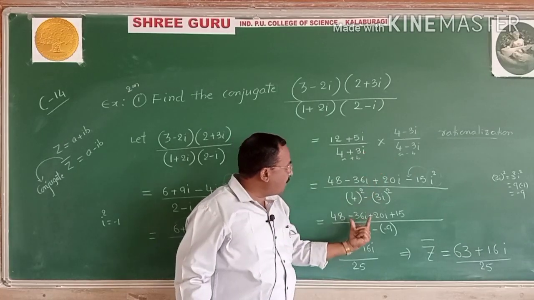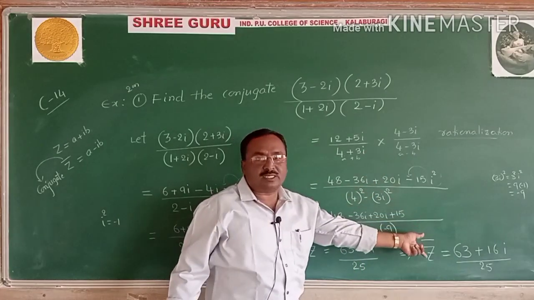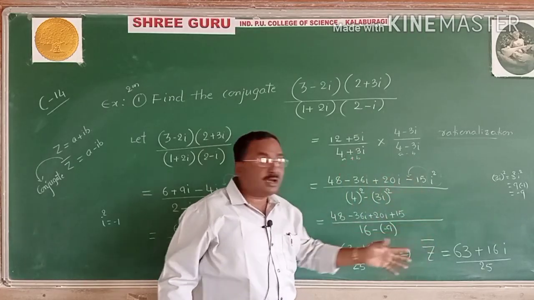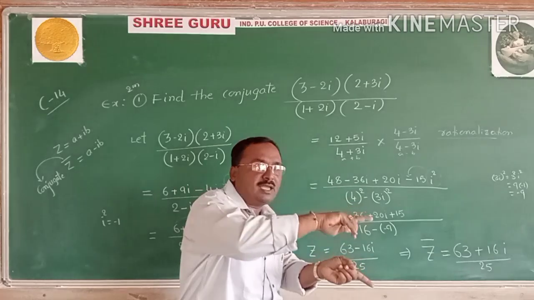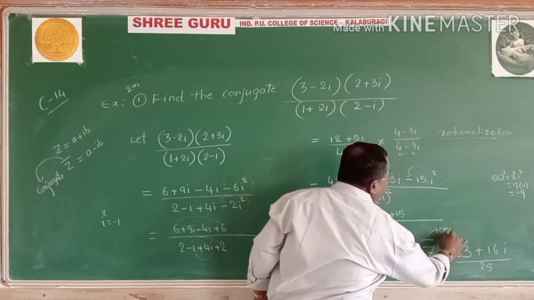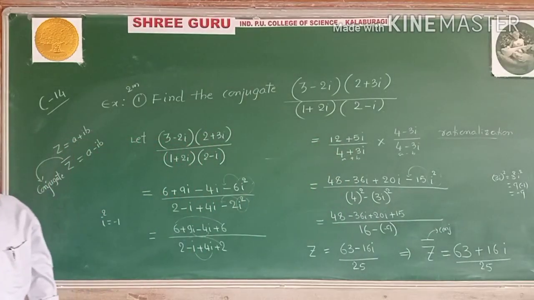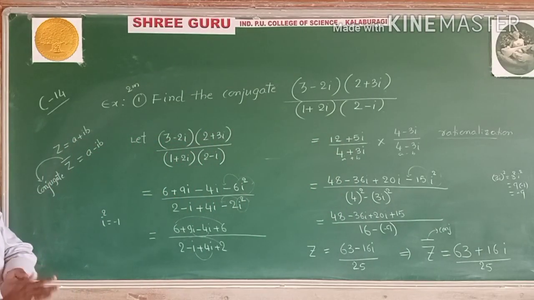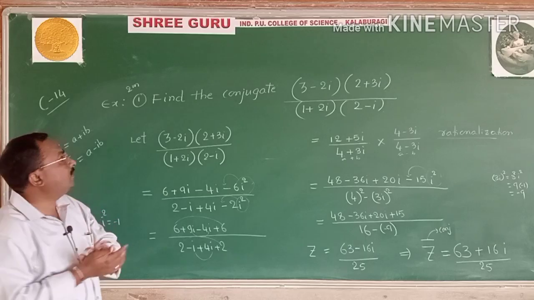Applying the conjugate means real part as it is, change the sign of the imaginary part. This is the conjugate symbol. That is 63 divided by 25 plus 16 by 25, the conjugate of that one.